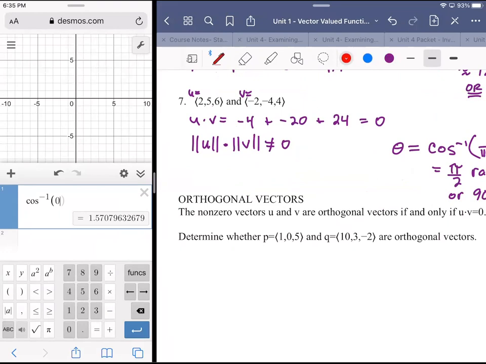All right, so what I can do is I can dot P and Q: 10 plus 0 plus -10, result of 0, or equality 0, let's clean that up. Therefore, P and Q are orthogonal.